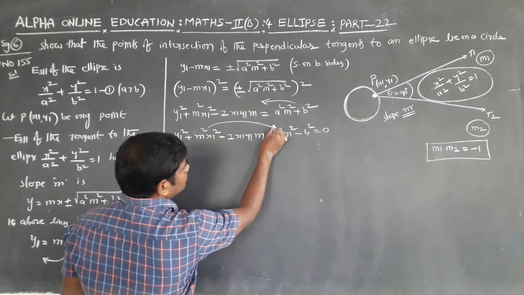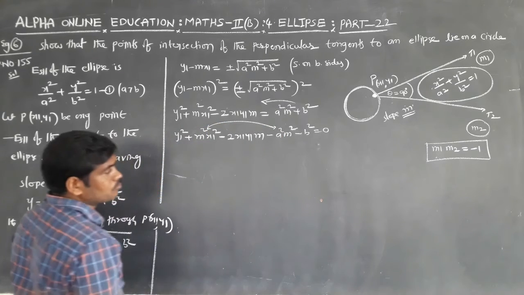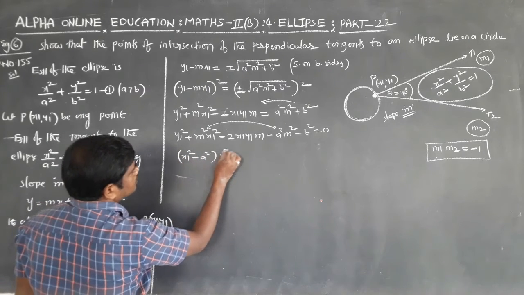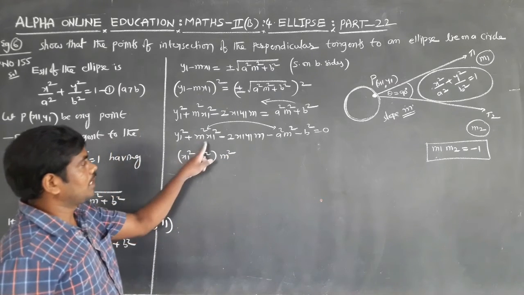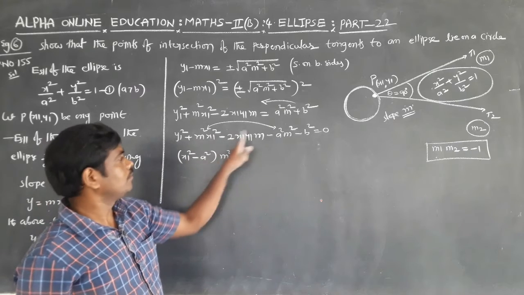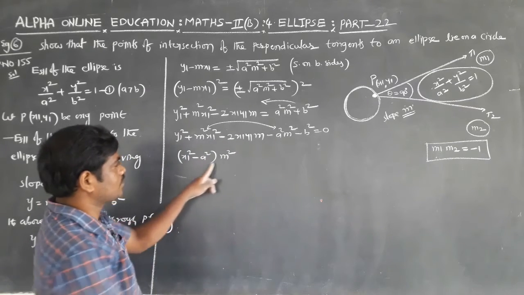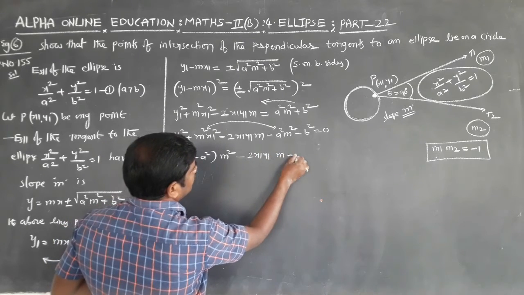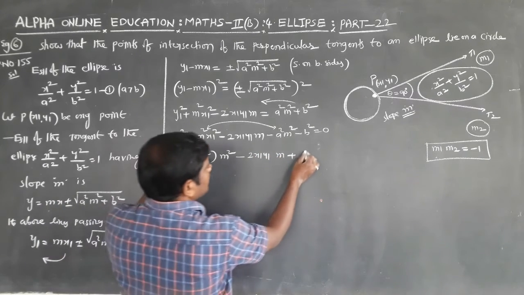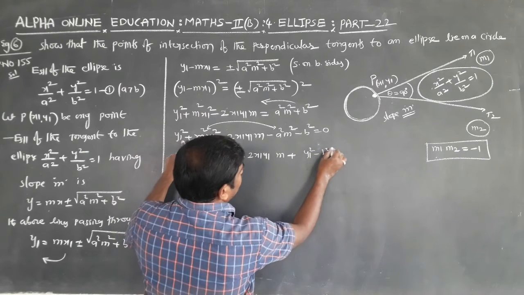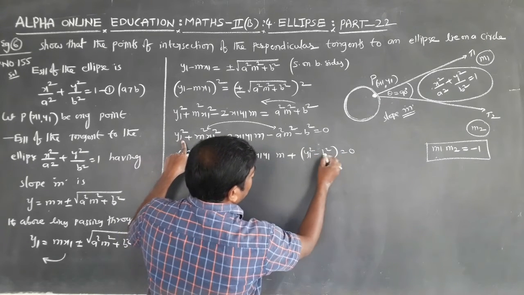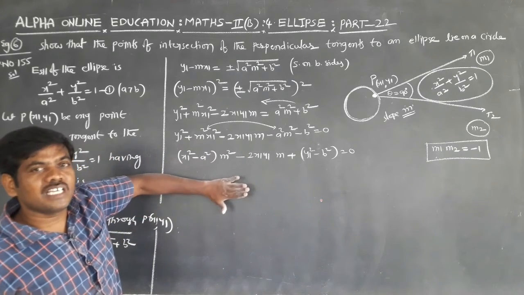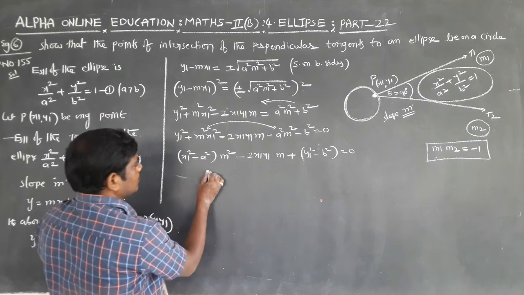Taking m square common from two terms: m square (x1 square minus a square) minus 2x1 y1 m plus (y1 square minus b square) equal to 0. This is a quadratic equation in m.